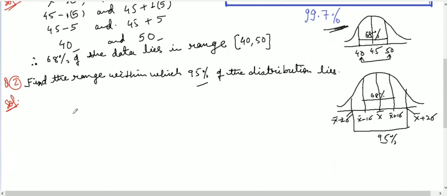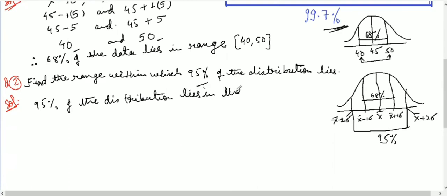So find out here where 95% of the distribution lies in the range. What will be the range? The range will be x bar minus 2 standard deviation and x bar plus 2 standard deviation.